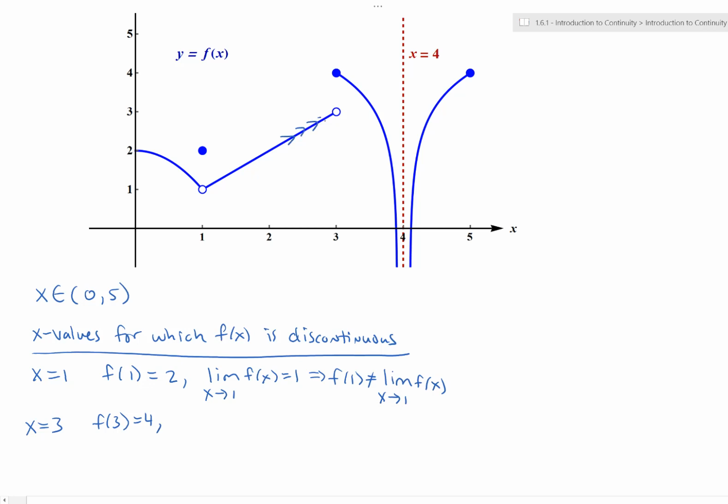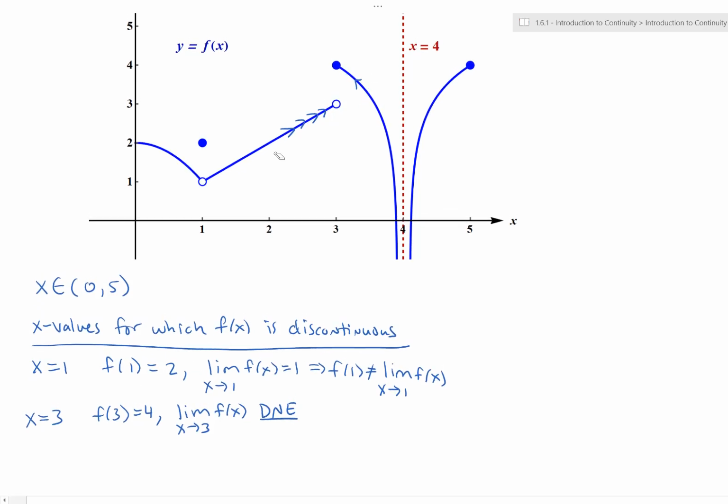Well, we notice that as x goes to 3 from the left, the function approaches the output value of 3. But as x goes to 3 from the right, the function approaches the output value of 4. So in this case, because the left-hand and right-hand limits don't match up, we can conclude that the limit as x goes to 3 of this function f of x does not exist. So that criterion is not satisfied. The end. All we need is one of them to not be satisfied, and you are not going to be continuous at that location.